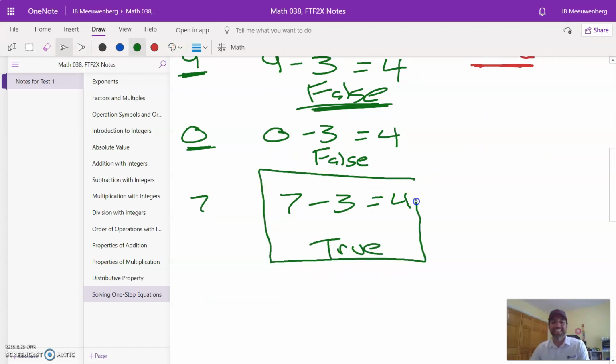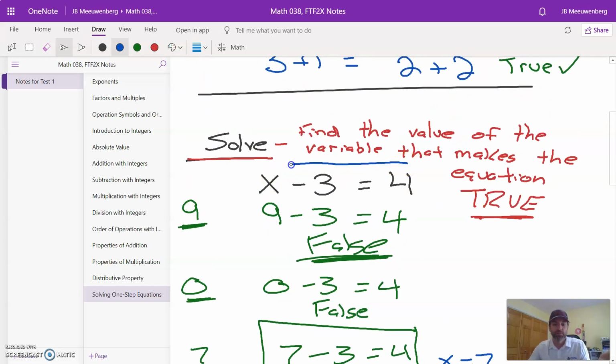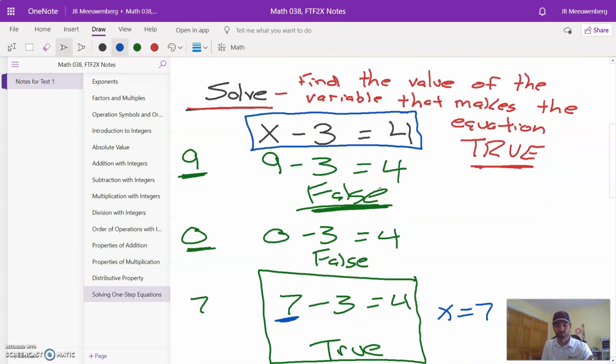And so in this case, the value that x had to be was 7. x had to be 7 in order for this equation to be true. Okay? So that's how I want you to think about solving equations: finding the value of the variable that will make the equation true.